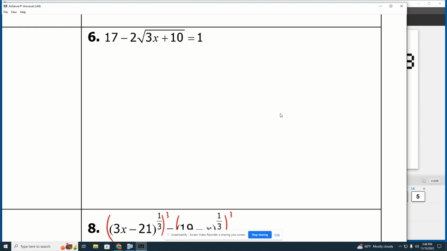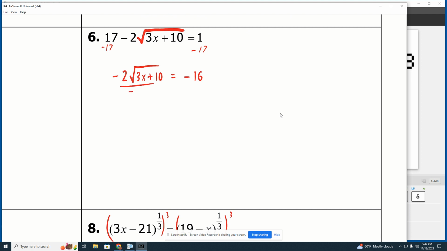Okay, number 6. Again, I'm trying to isolate this radical right there. So the first thing I need to move away is a 17, and I do so by subtracting. So negative 2 times the square root of 3x plus 10 will equal 1 minus 17, negative 16. Then, of course, I've got to get rid of that negative 2 as well.